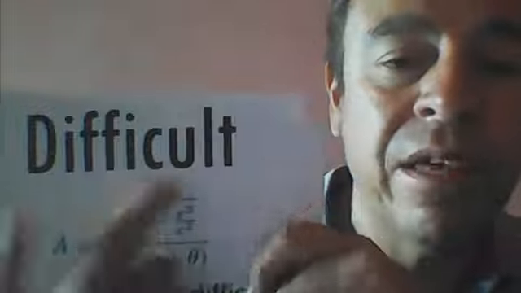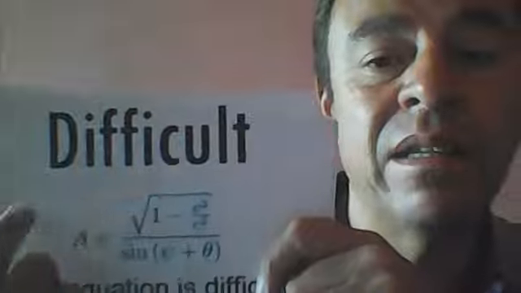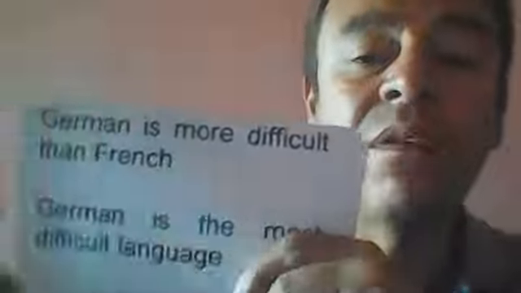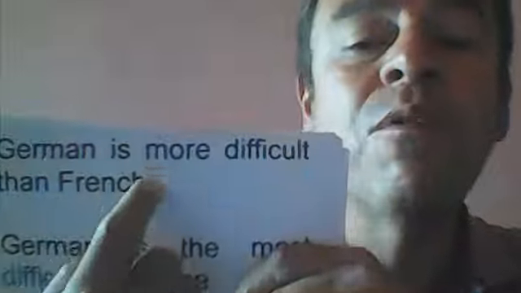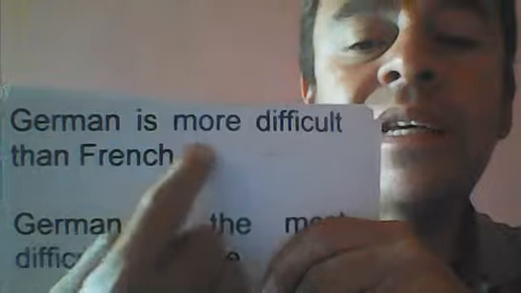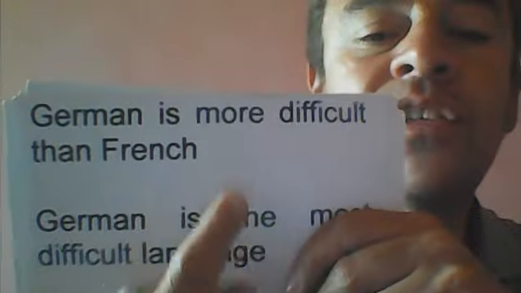So this is what happens with short adjectives. Now let's work with long adjectives. For example, difficult. It's a long adjective. Three syllables. Now, you make a comparative sentence of long adjectives using the word more. German is more difficult than French.